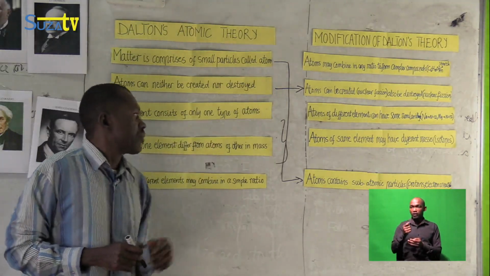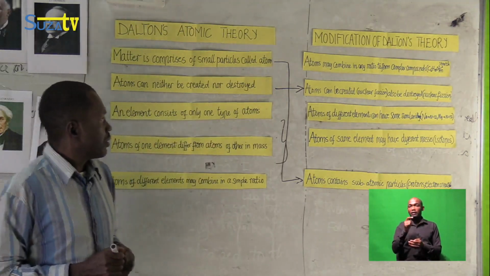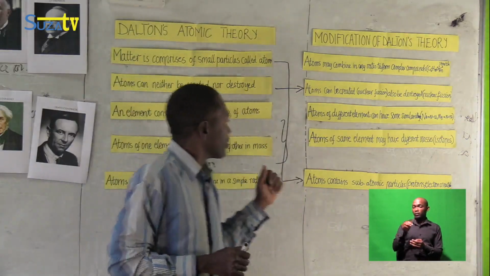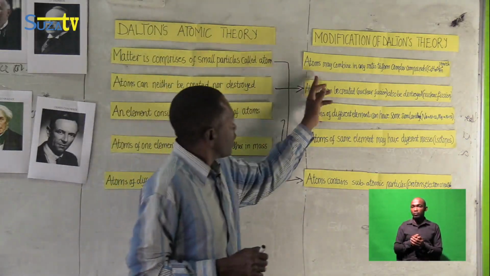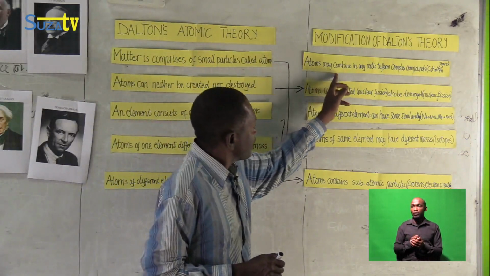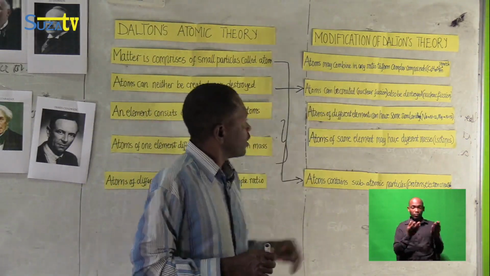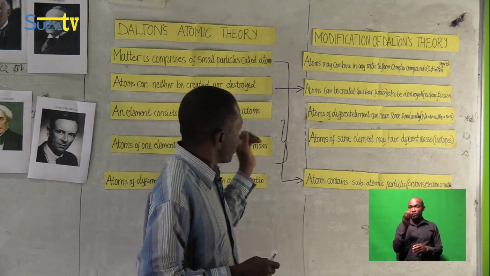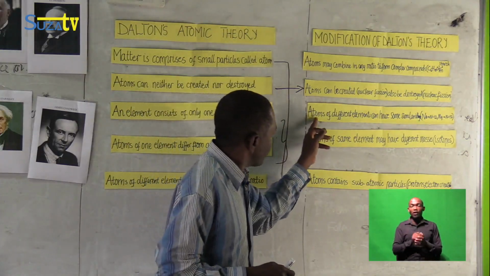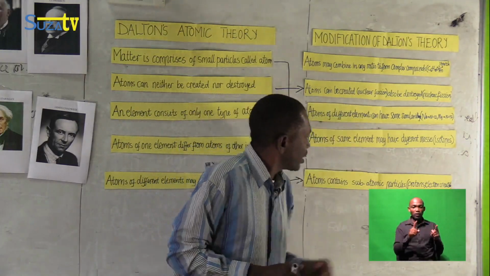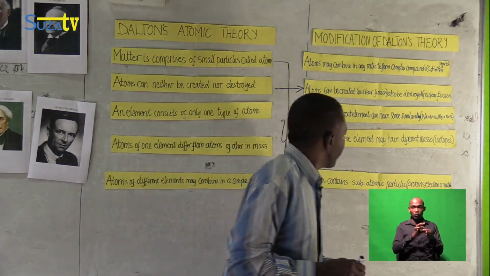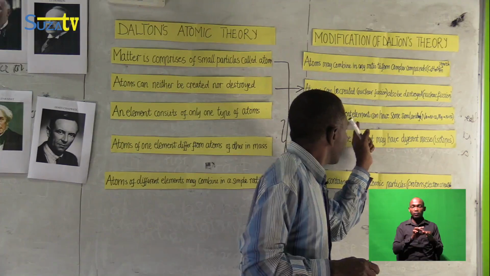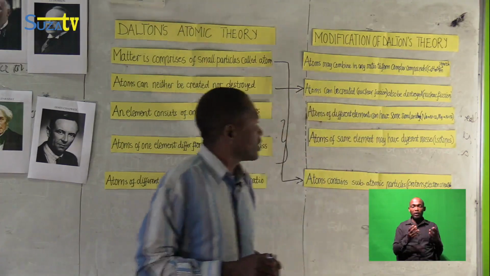Okay, the last one, the third one, is an element consists of only one type of atom. There's atom may combine in any ratio to form complex compound. It's not yet been used, and this atom of different element may combine. Atom of different elements can have same similarities.